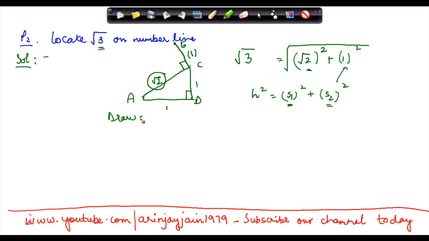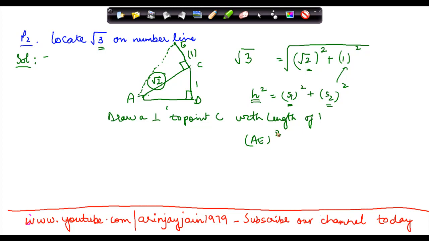Draw a perpendicular to point C with length of 1. And then I connect AE. So applying this formula, what do I get?